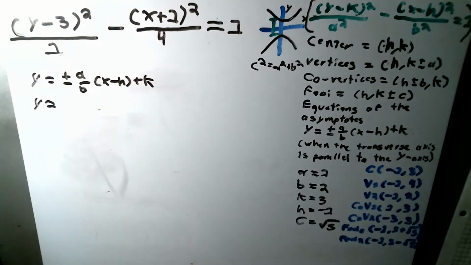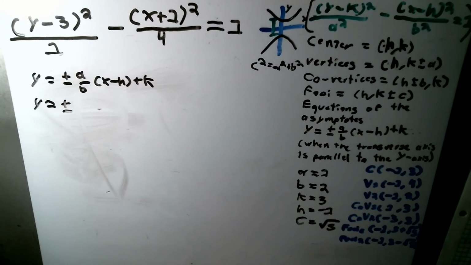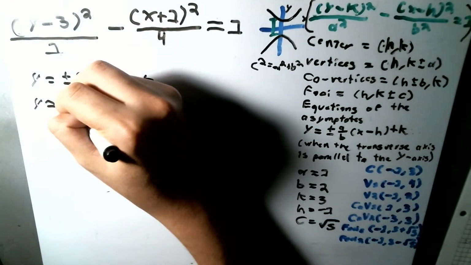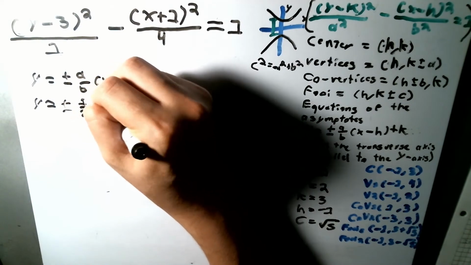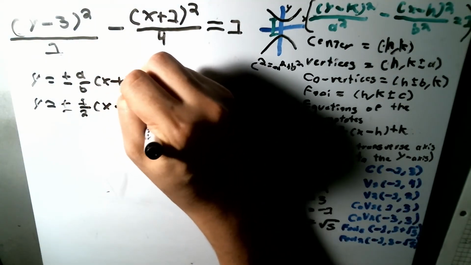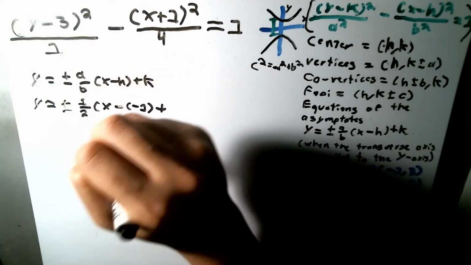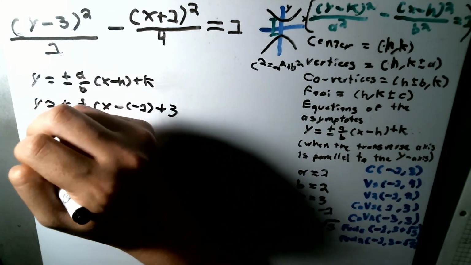Y equals plus minus, we'll leave it like that for the moment, plus minus 1/2 times x minus 1, plus k, which is 3.